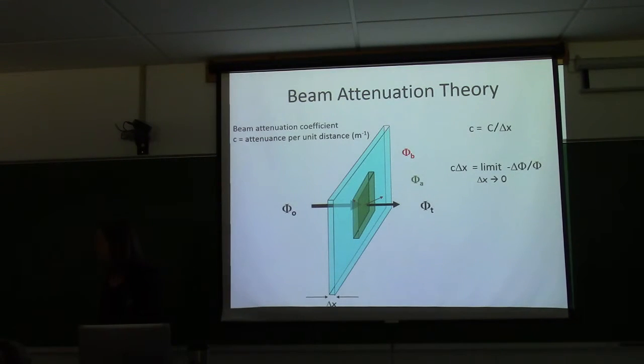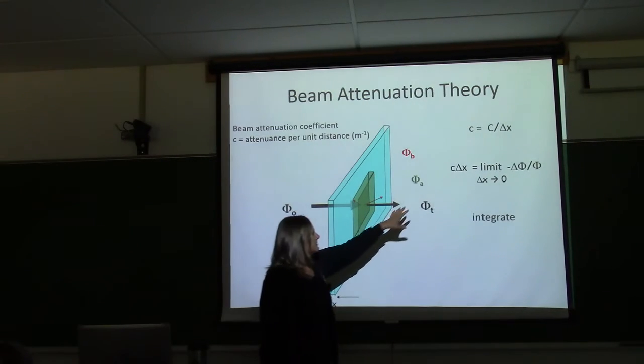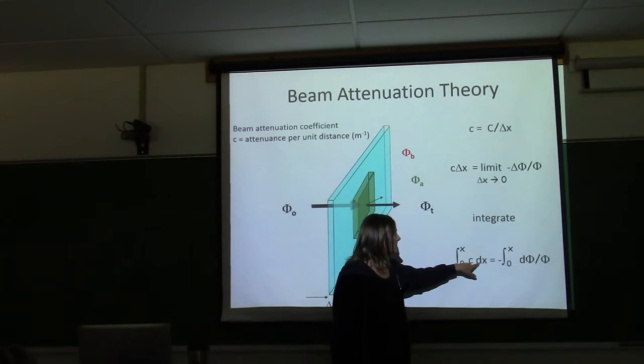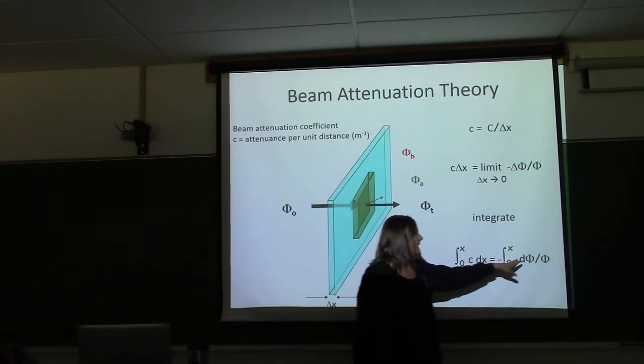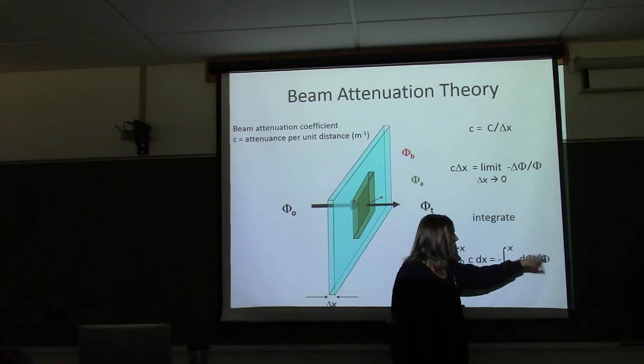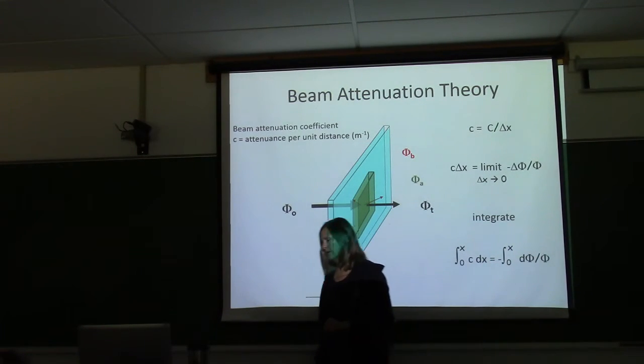And so, of course, anytime we see a limit, that makes us think of what? It makes us think of integration. And so we're going to integrate this as the integral of the attenuation coefficient over this path length and the differential power over the total power.